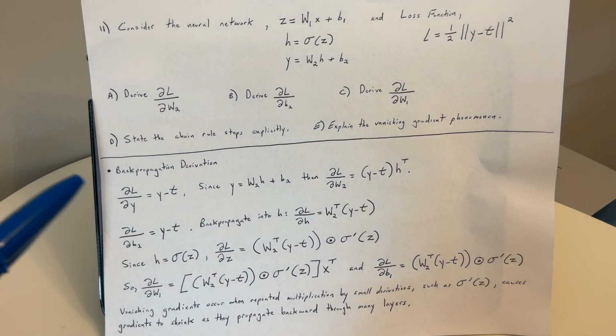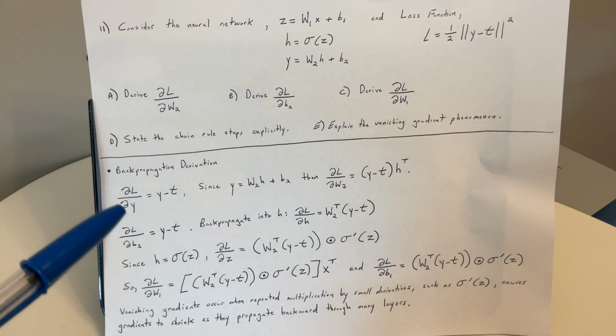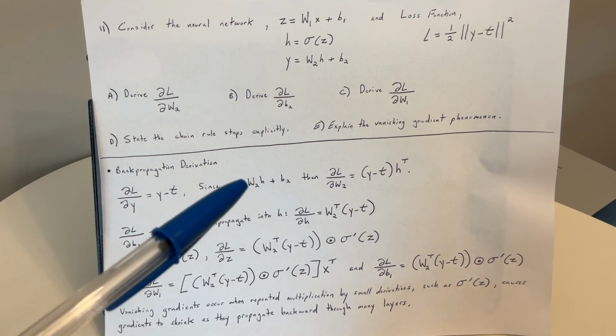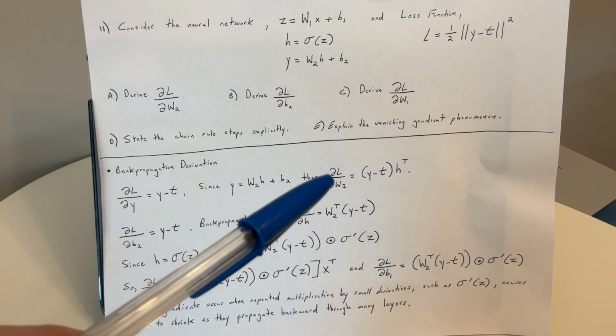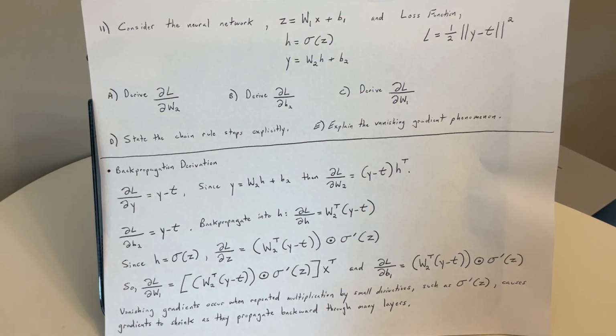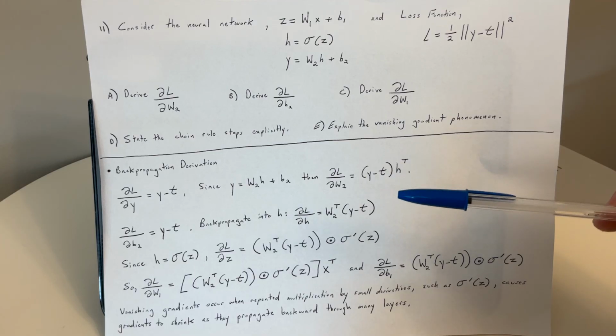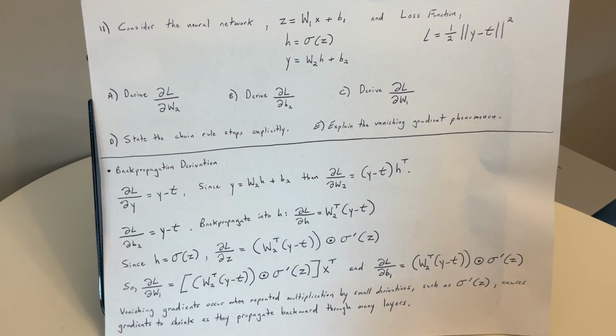So backpropagation and derivation. Partial derivative of L with respect to Y is Y minus T. And since Y equals W sub 2 H plus b sub 2, the partial derivative of L with respect to W sub 2 is the quantity Y minus T times H transpose.